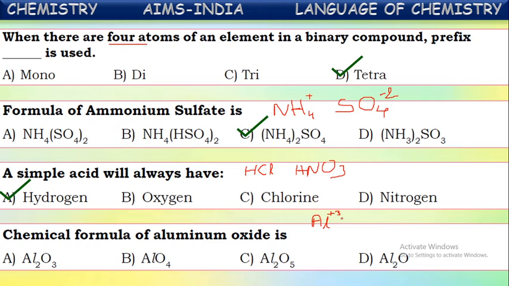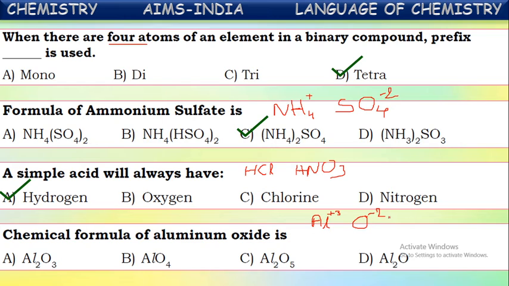Next, the oxide ion, the ion formed by oxygen. We know oxygen will form an O minus 2 ion. So the oxide ion is O minus 2. Now, in the second step, we eliminate the highest common factor from their valencies. Here, the valency of aluminium is 3, the valency of oxygen is 2. So there is no common factor.